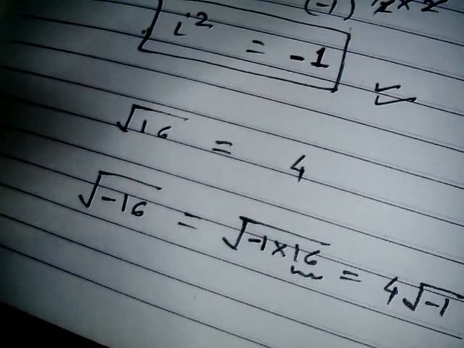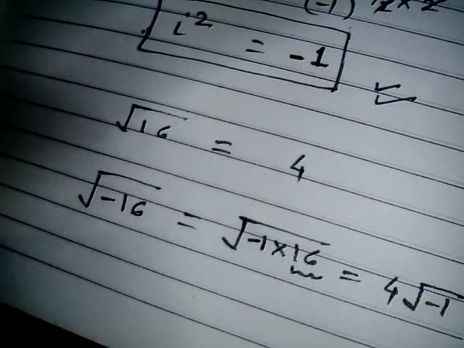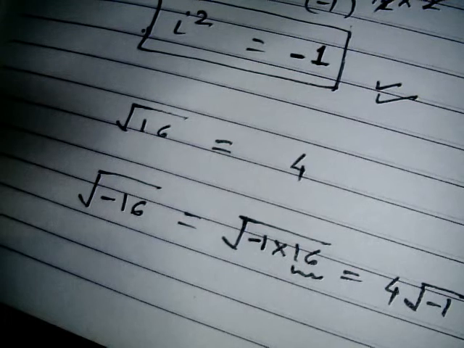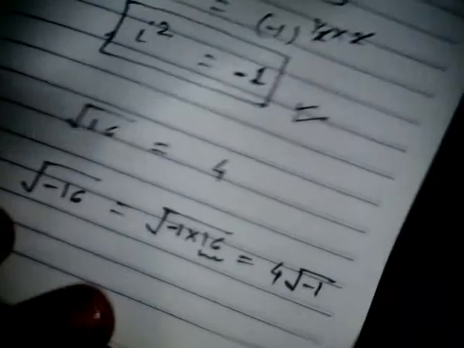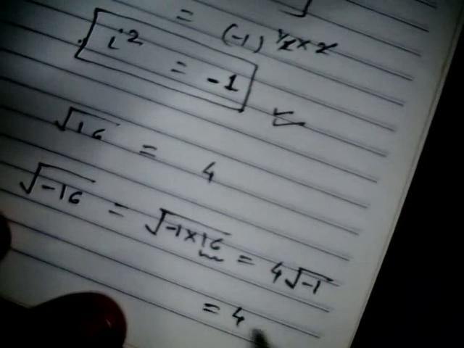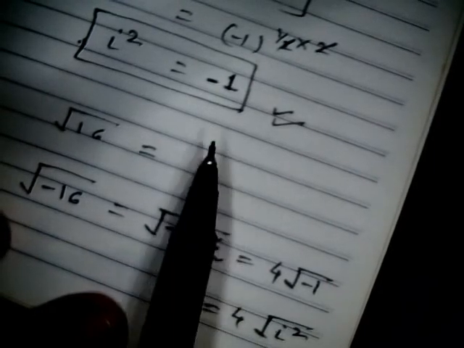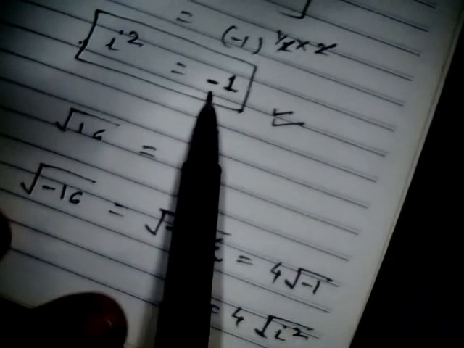So we have come to use the complex number, that is i square. So here we can replace this negative 1 by i square, because we know i square equals minus 1. So as you replace this by i square, i will come outside.